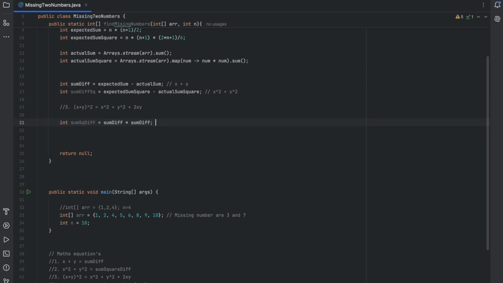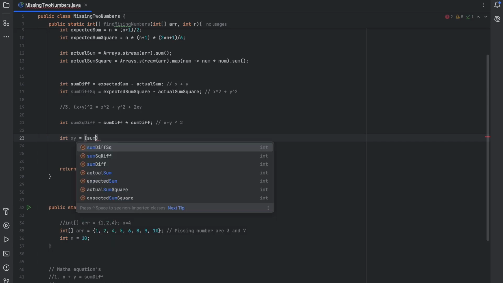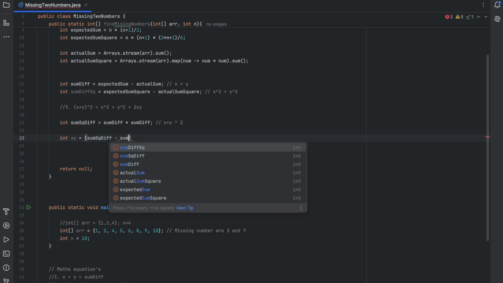Correct? So this gives me x plus y power 2. Okay, now what we need to do is find the xy, which will be sum square difference minus sum difference square.